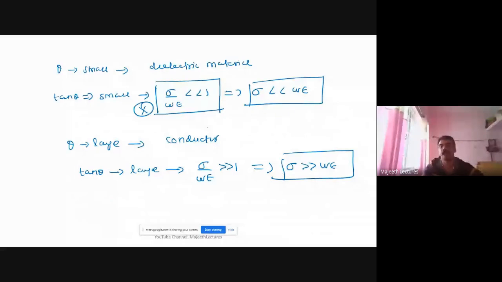So already we know for a conductor, the current is due to conduction current JC, there is no JD, so JC must be greater than JD. Dielectric means it should have only displacement current.